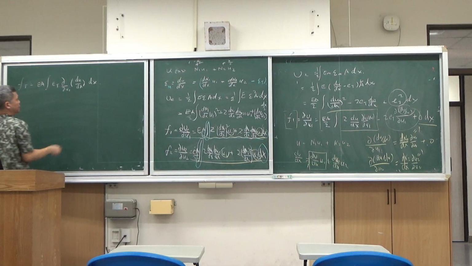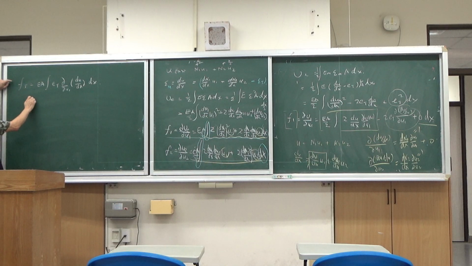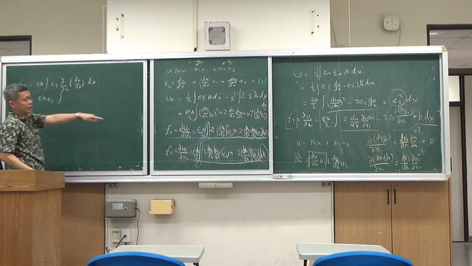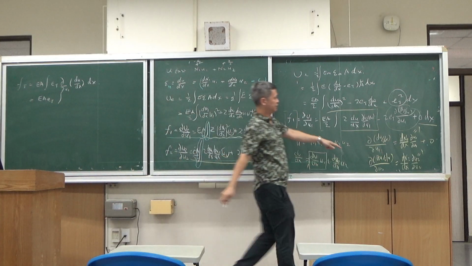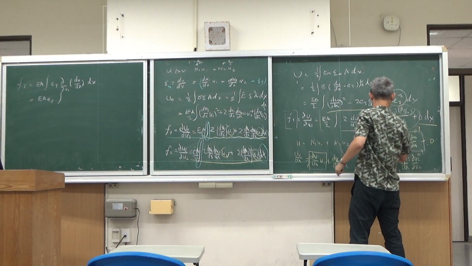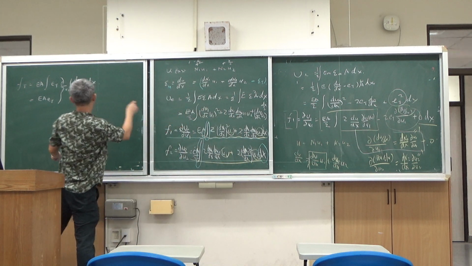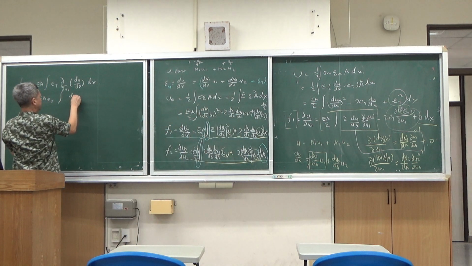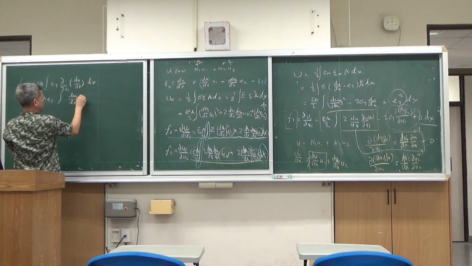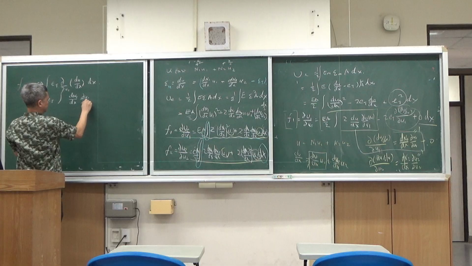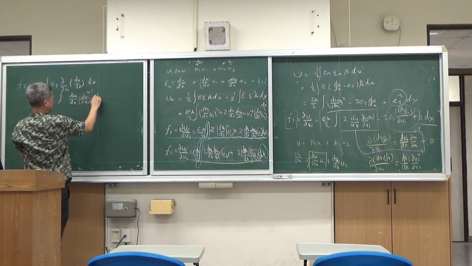Let's integrate this thermal term, with the constants taken out. The first one is del N1 dx over del U1, so this term is equal to 1 times x.